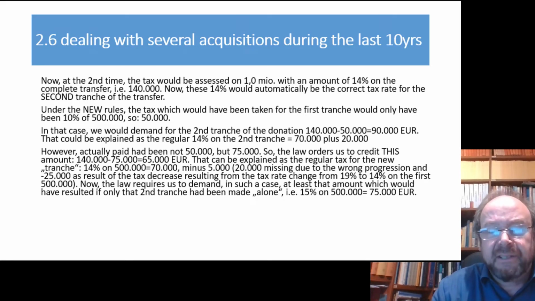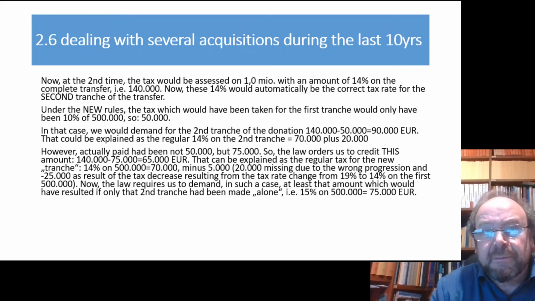However, actually paid had not been 50,000 but 75,000, and the German law just says then credit the 75,000. That would let our charge then drop down to 65,000. That would be explicable as 70,000 minus 5,000, and the minus 5,000 is 20,000 additional charge from leveling up the progression, minus 25,000 from the drop of the tax rate.